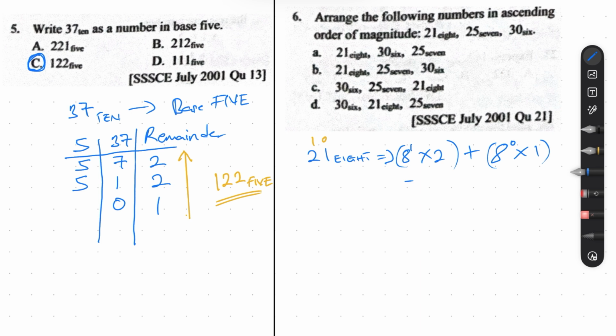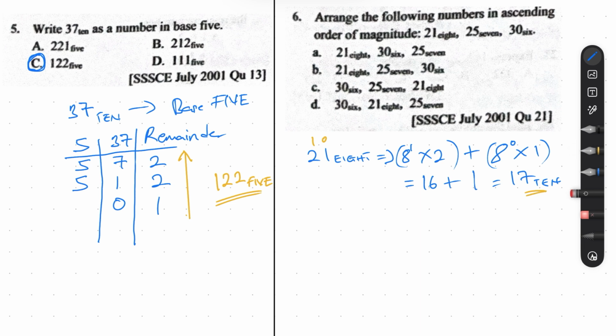So we have what? 8 power 1 is what? 8 times 2, 16. So we have 16 plus 8 to the power of 0 is 1 times 1, which is equal to 1, right? So plus 1. So we have 17. Cool. 17 base 10. So let's hold this for now.